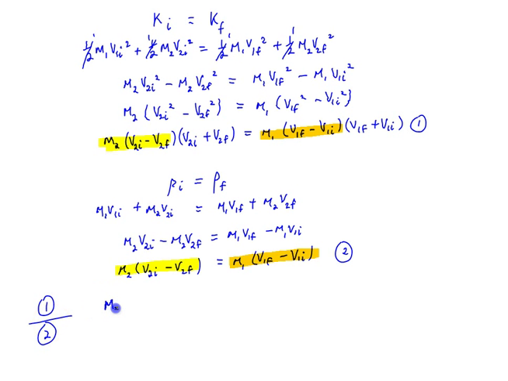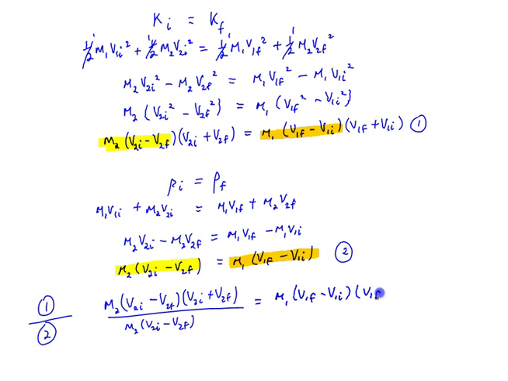And so I get M2 brackets V2 initial minus V2 final, brackets V2 initial plus V2 final, and that's going to be divided by M2 brackets V2 initial minus V2 final, equals M1 brackets V1 final minus V1 initial, brackets V1 final plus V1 initial, and all of that divided by M1 brackets V1 final minus V1 initial.